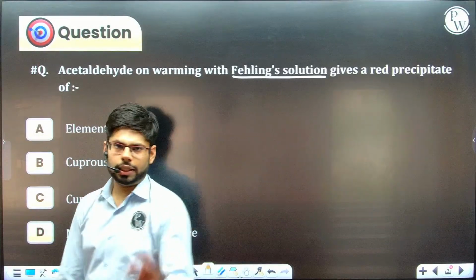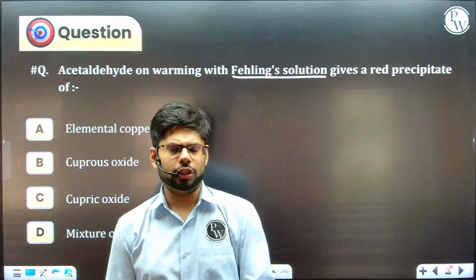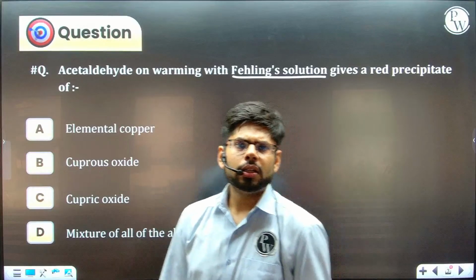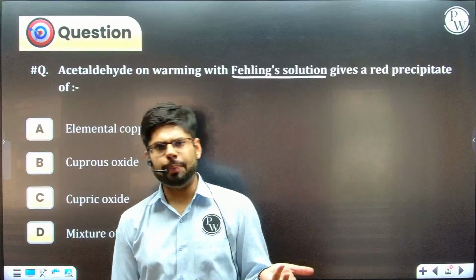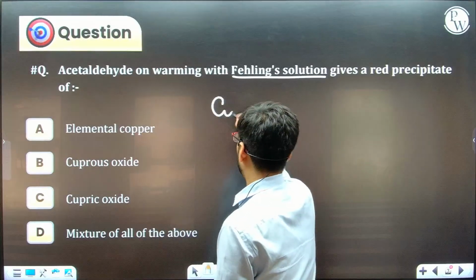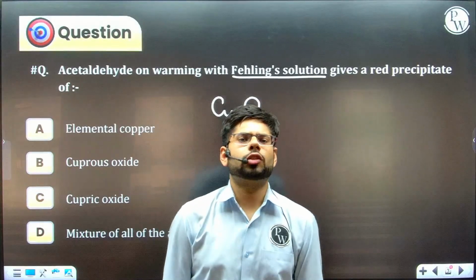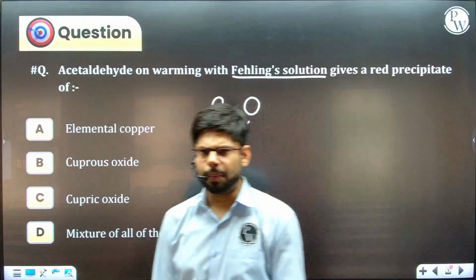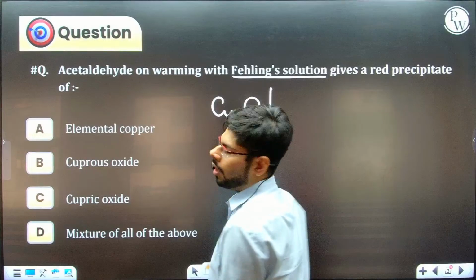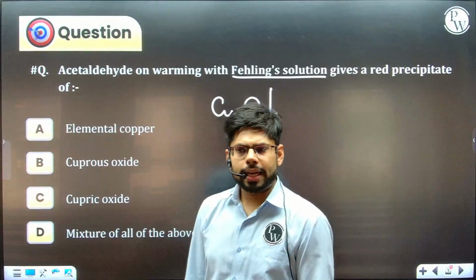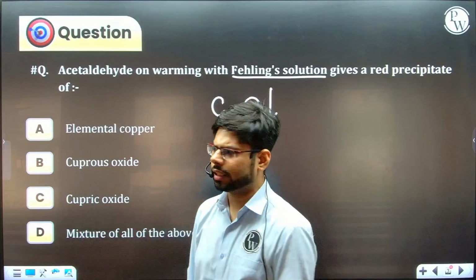That means if an aldehyde reacts with Fehling's solution, it produces a red or reddish brown precipitate of Cu2O. Non-aromatic aldehydes undergo this reaction, but aromatic aldehydes do not react with Fehling's solution.